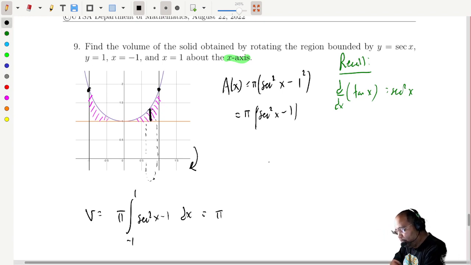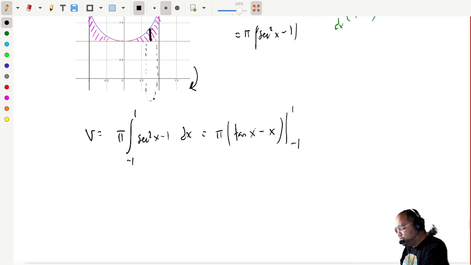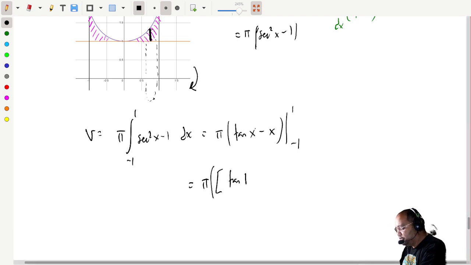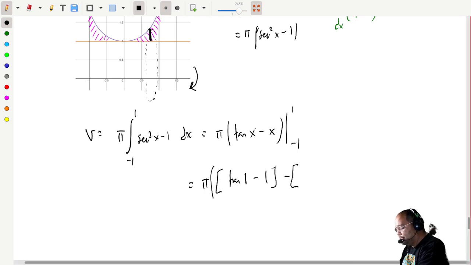So we'll just have pi times tangent of x minus x, between 1 and -1. You might be asking yourself, but I don't know what the tangent of 1 is. That's okay, you can just leave it as tangent of 1, same with tangent of -1. Something nice will pop out of here too. We'll have pi times tangent of 1, which is a number, minus 1, and then minus tangent of -1 minus a -1.